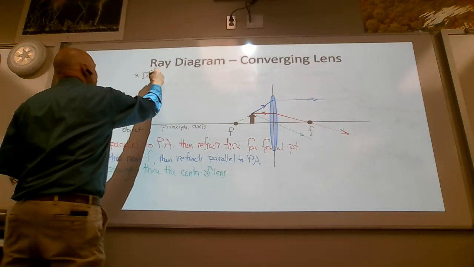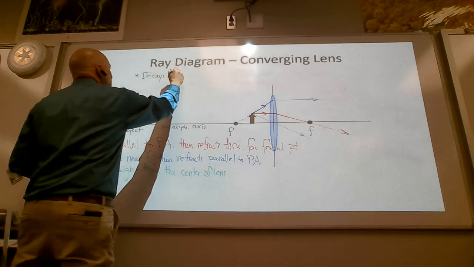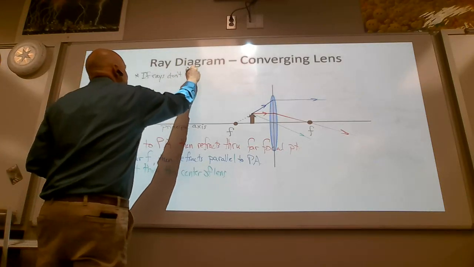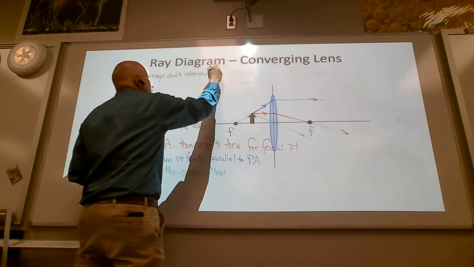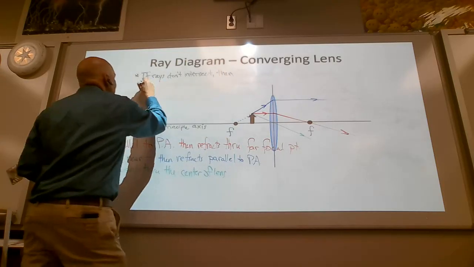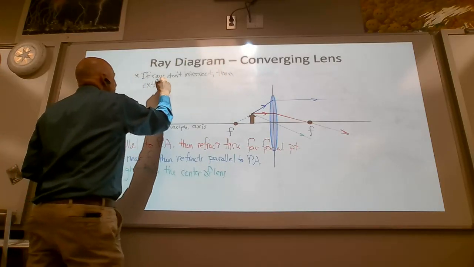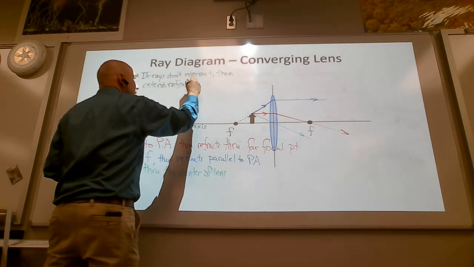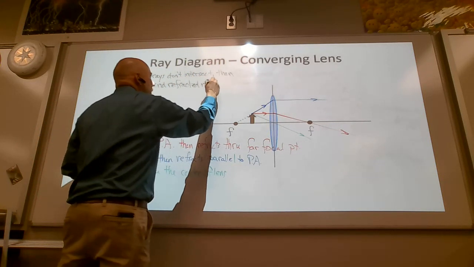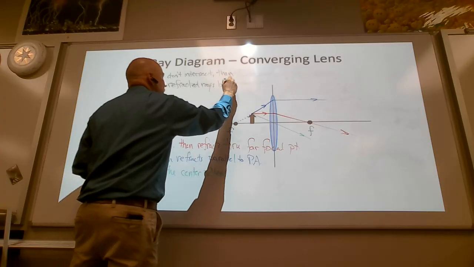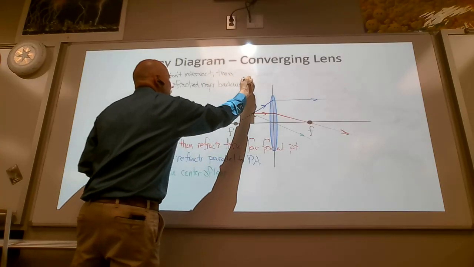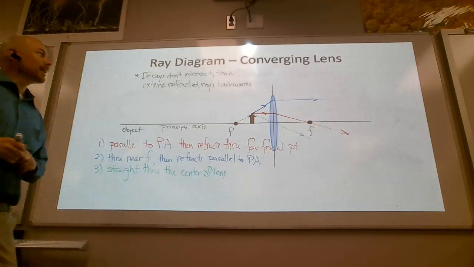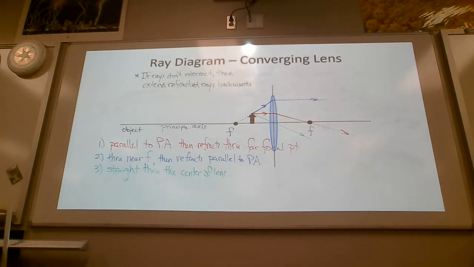If rays don't intersect, then extend the refracted rays backwards.